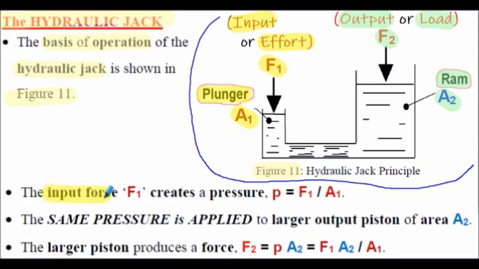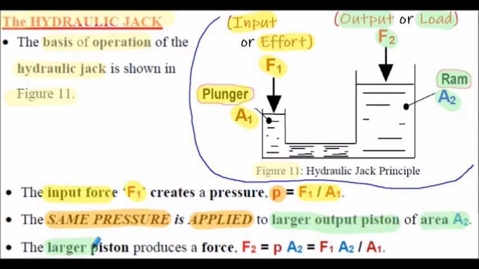So applying the input force, F1, over area A1 creates a pressure, P, of F1 divided by A1. And we're assuming that the fluid used for the hydraulic jack is incompressible, some kind of oil we normally assume to be incompressible. So this means that the same pressure is applied to the larger output piston, labelled as the ram here, of area A2.